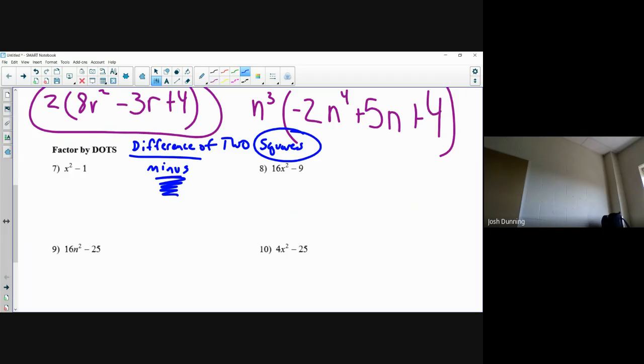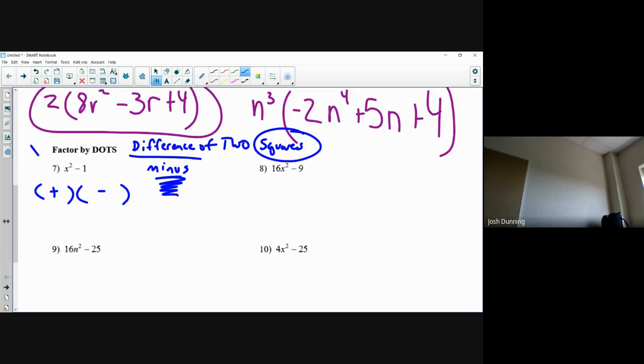Now, the way this works, this one's kind of similar to that trinomial. You do your double parentheses. One always gets a plus, one always gets a minus. And you could put the minus first, then the plus second. Doesn't matter as long as you got one of each. Then you take the square root of the first term and put it first.